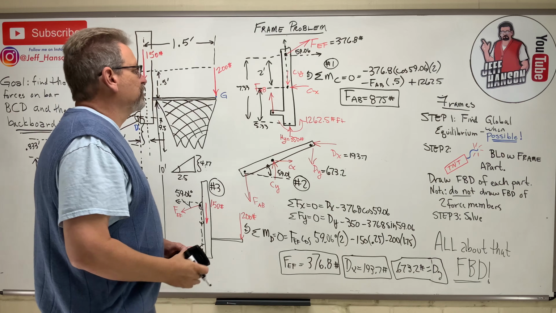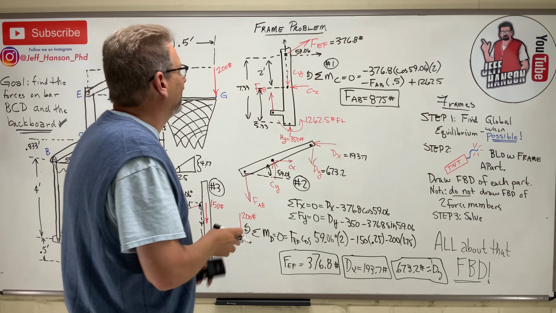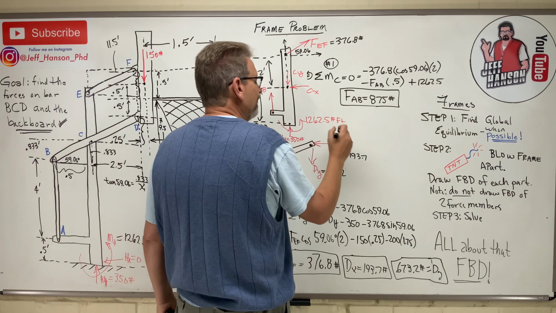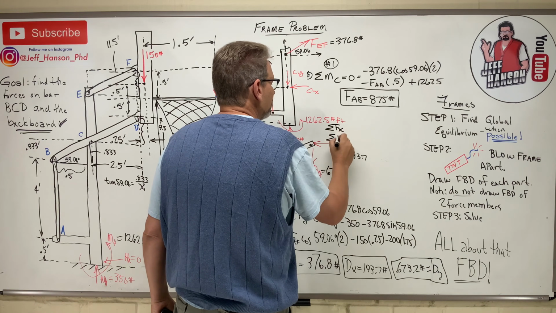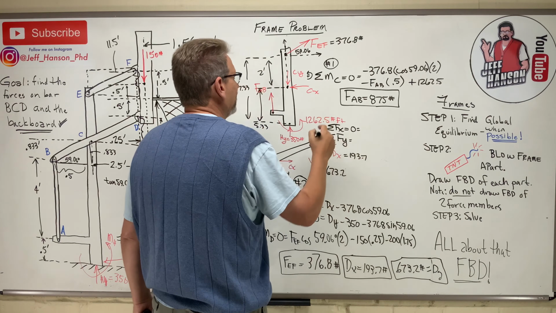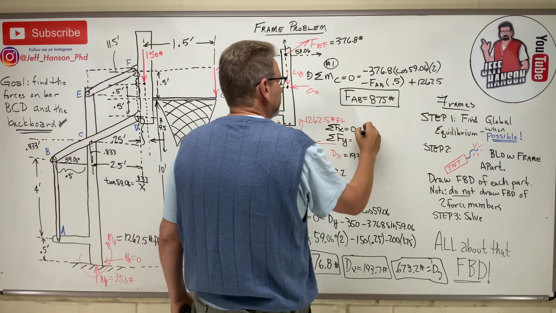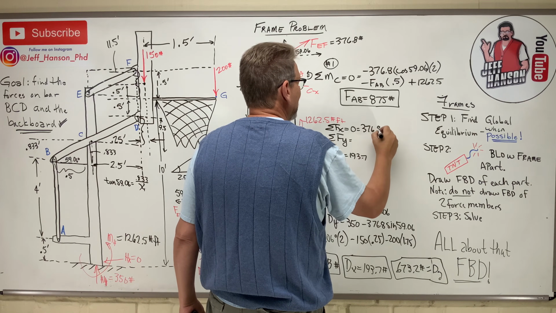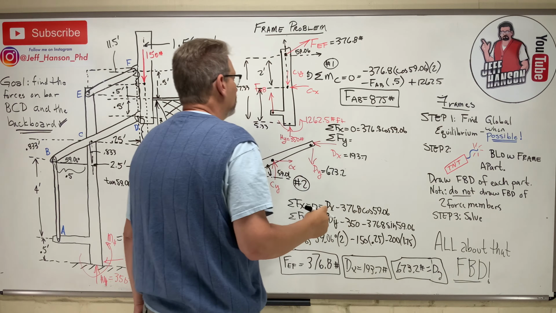Goodness gracious, y'all, these distances are killing me, but we got her now. All we got left is to find CX and CY, right? So that's just sum of the forces in the X, sum of the forces in the Y. And in the X direction, I got that guy, 376.8 cos 59.06.